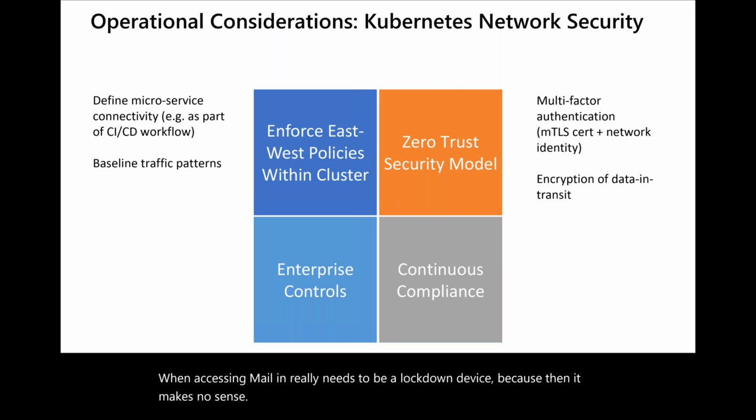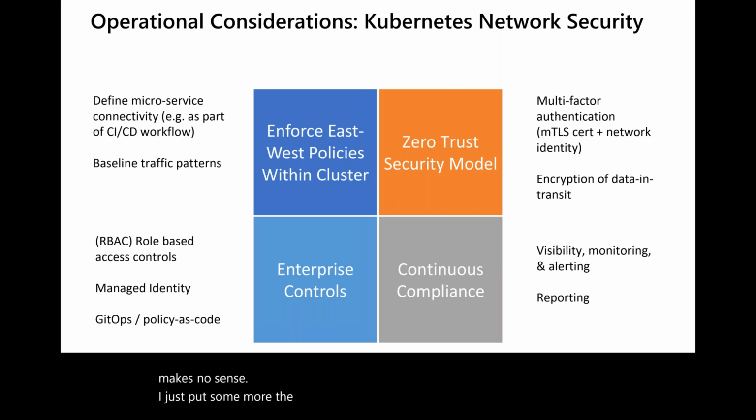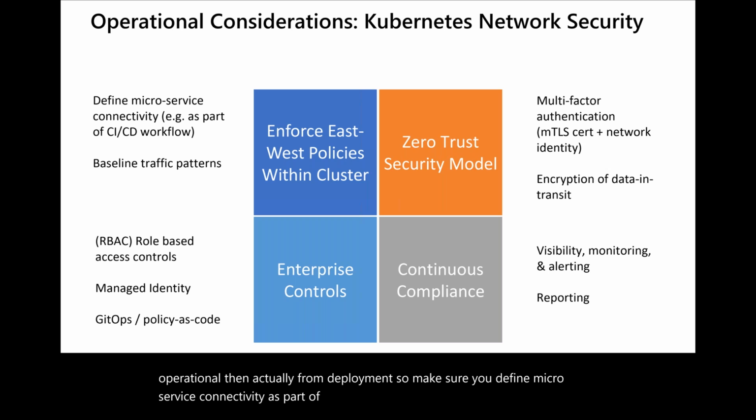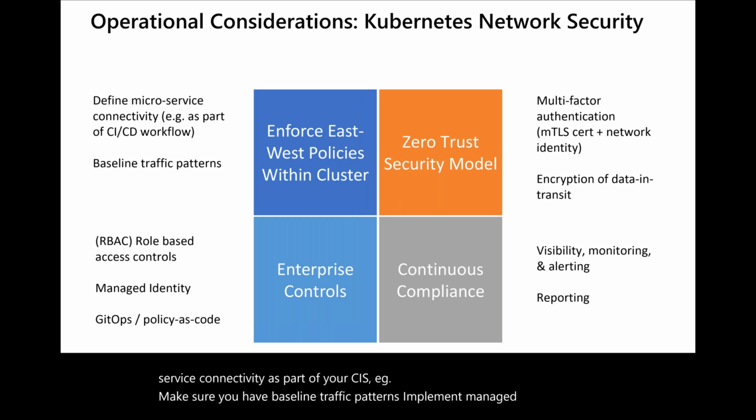I just put some other final considerations, but these are more operational than actually deployment. So make sure you define microservices connectivity as part of your CI/CD. Make sure you have baseline traffic patterns. Implement managed identity.